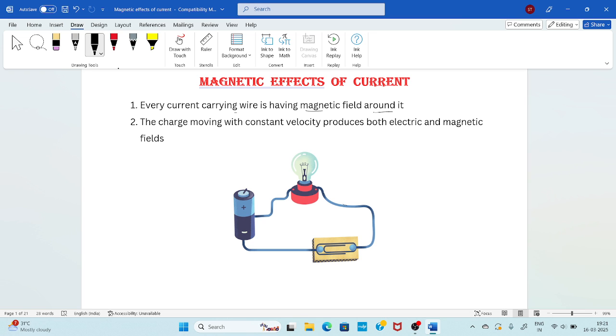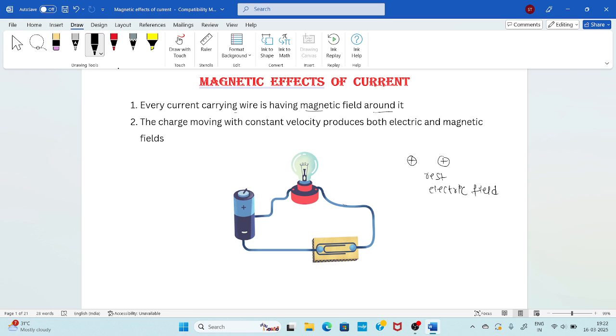Suppose the charge is at rest, not moving. Then it produces only an electric field. Here I am taking two positive charges.